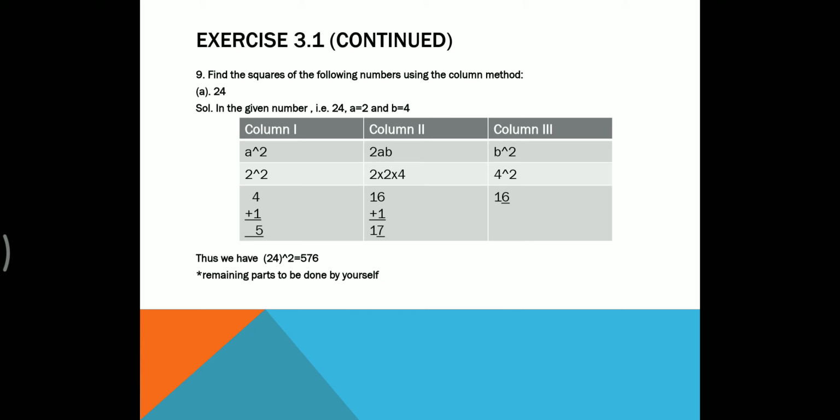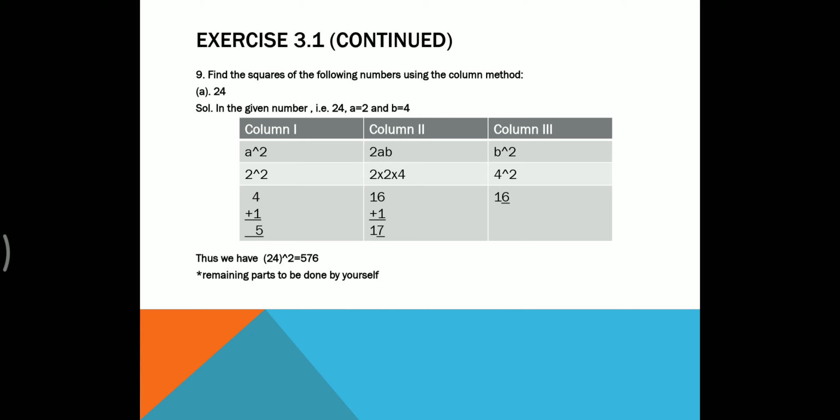Now again, if you go through this part of the question, you can see in column first it is A square, then we have 2AB, then we have B square. Now you can have A square, that is 2 square.